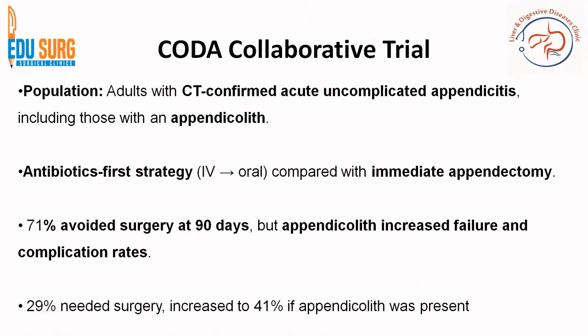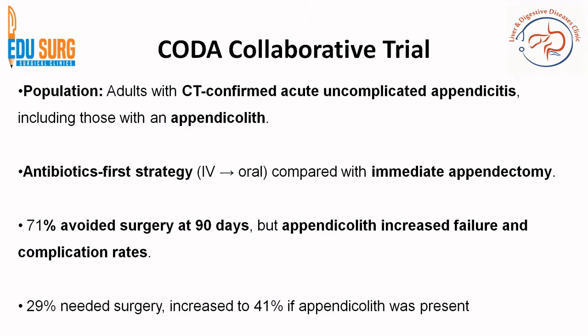Going to antibiotic alone, the biggest study is CODA collaborative trial. Population was CT confirmed uncomplicated acute appendicitis, but like I said, this study included those with an appendicolith. Antibiotic first strategy was IV antibiotic followed by oral compared with immediate appendicectomy.